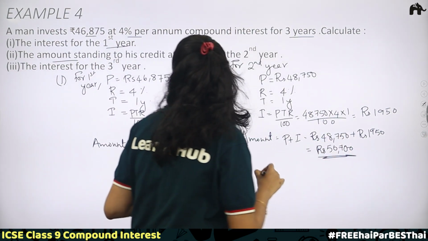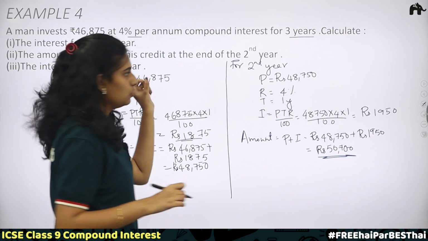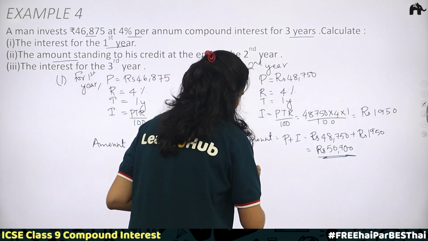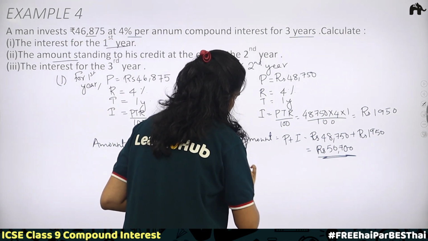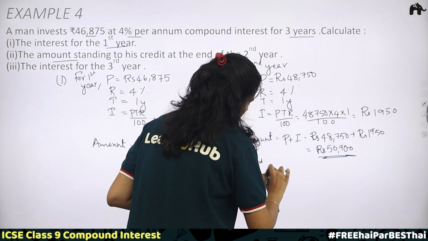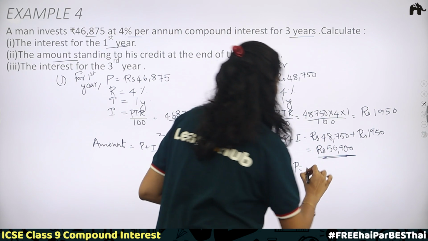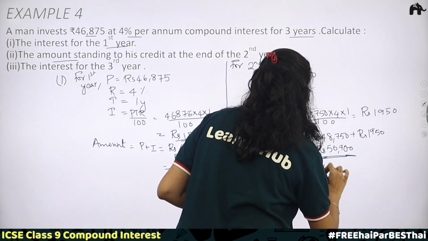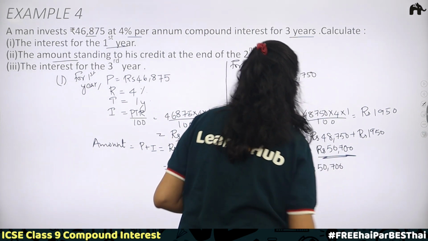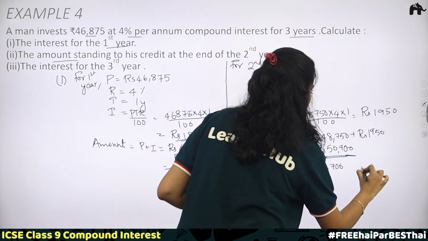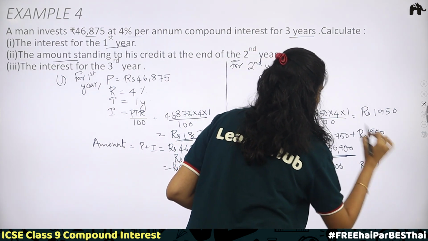Now the third part, we have to find the interest for the third year. For third year, what is the principal? Principal will be this amount, which is rupees 50,700. What about rate of interest? Rate of interest is same, 4%.